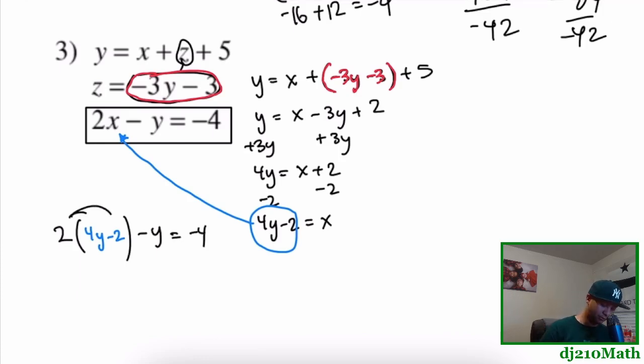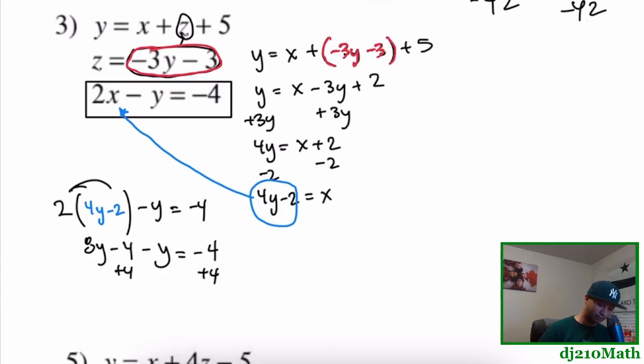Minus y equals negative 4. Distribute the 2. 8y minus 4 minus y is equal to negative 4. So this is going to be plus 4, plus 4. That's nice. And then combining the y's, we get 7y is equal to 0. Therefore, y is equal to 0.